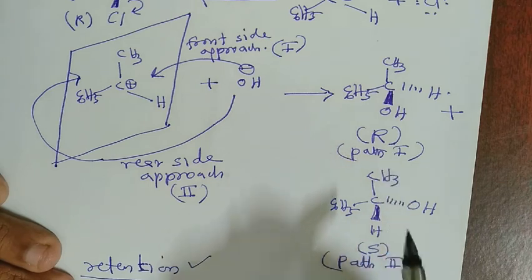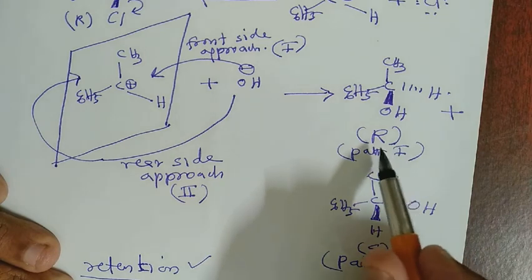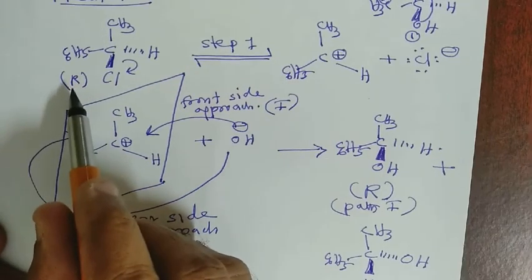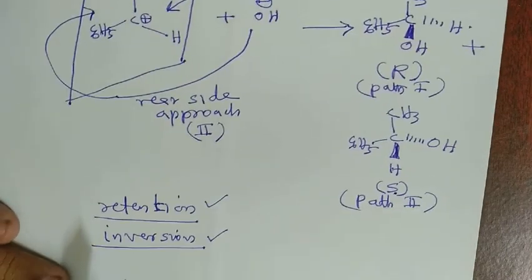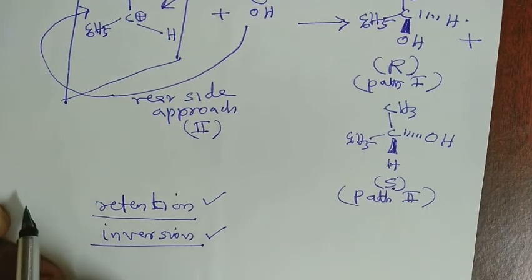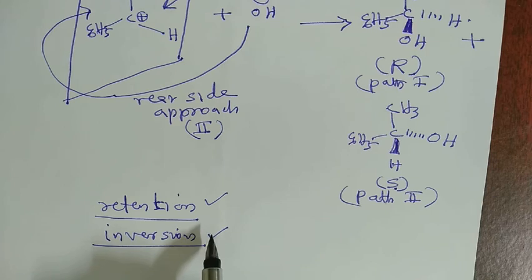The product is expected to be a racemic mixture, but in actual experiments it is found that the concentration of product having opposite configuration is slightly greater than the product having the same configuration as that of the reactant. Hence, partial racemization takes place during an SN1 reaction. Both retention of configuration and inversion of configuration take place during SN1 reactions.